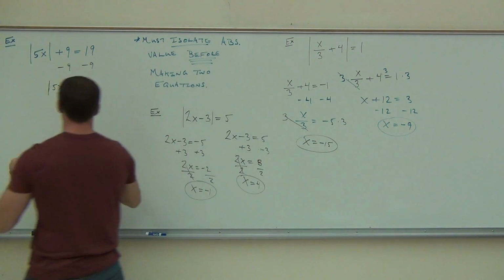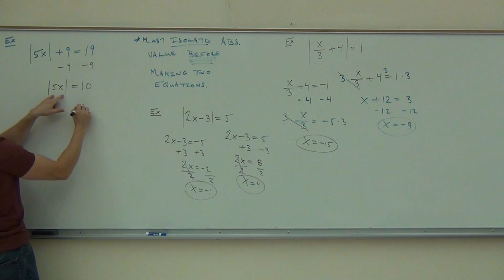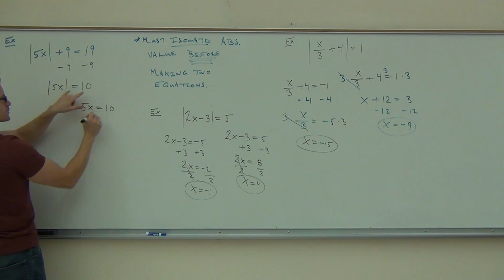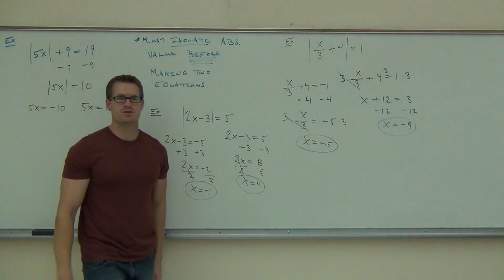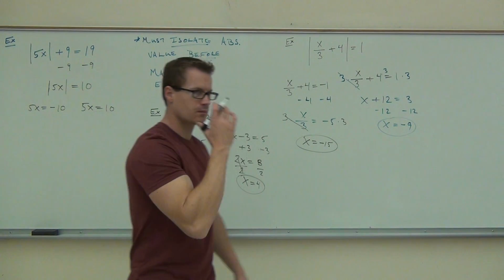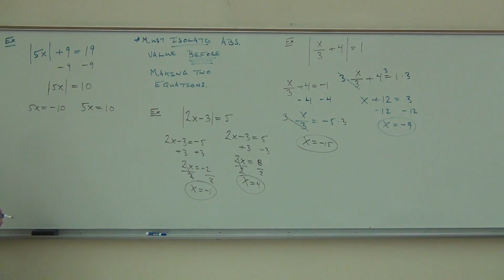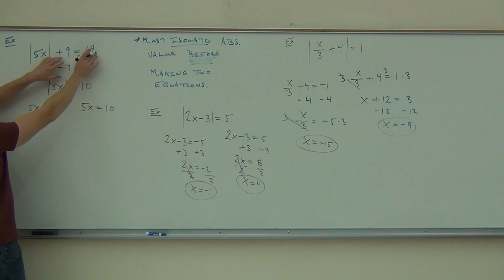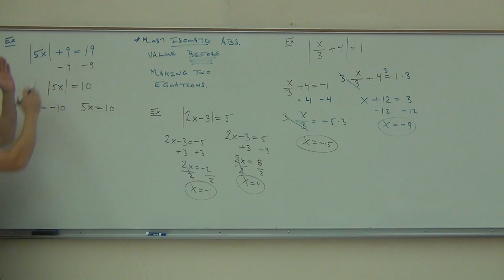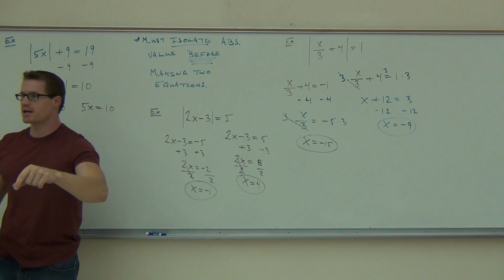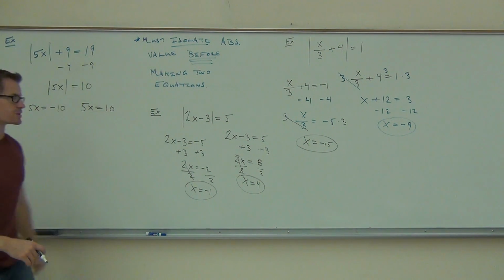We know that absolute value says that the inside is equal to the number, and the inside is equal to the negative of that number, because absolute value will make that positive no matter what. That would not work in this case. You can't have it equal to 19 and negative 19 because absolute value is not covering that 9. That is why we had to subtract that 9 before we do the two equations there.